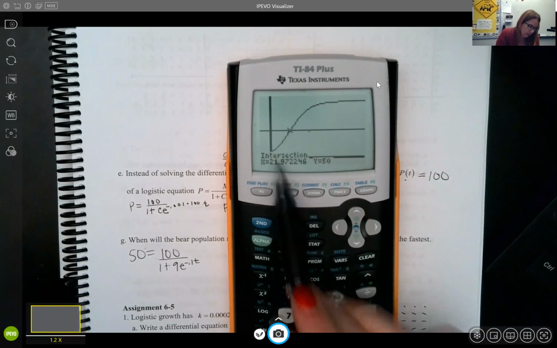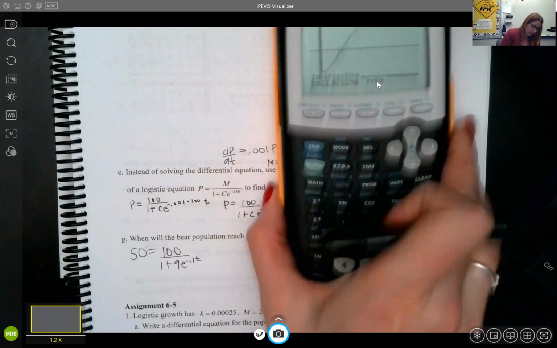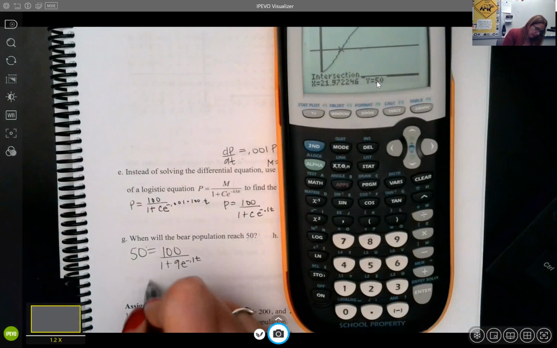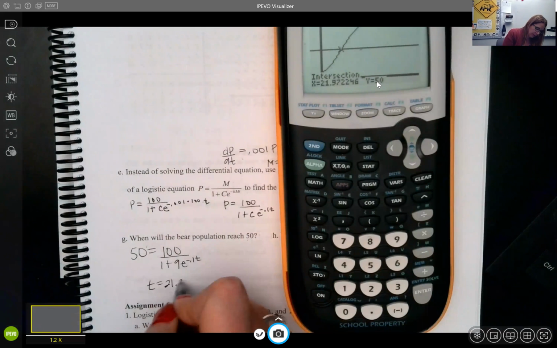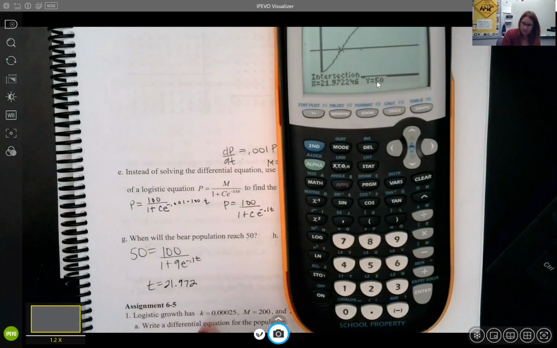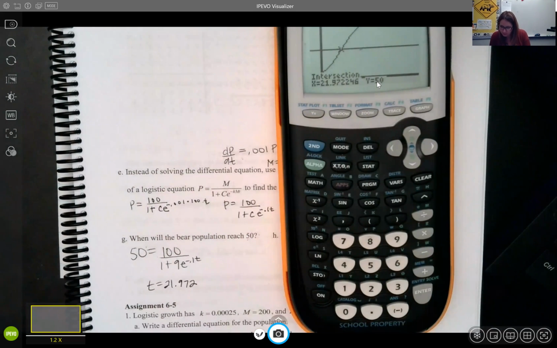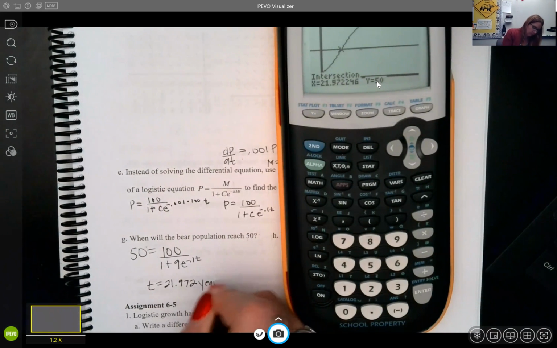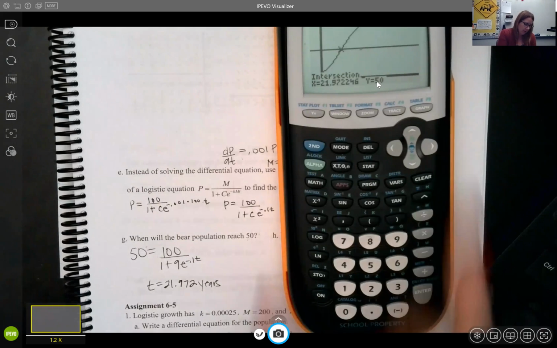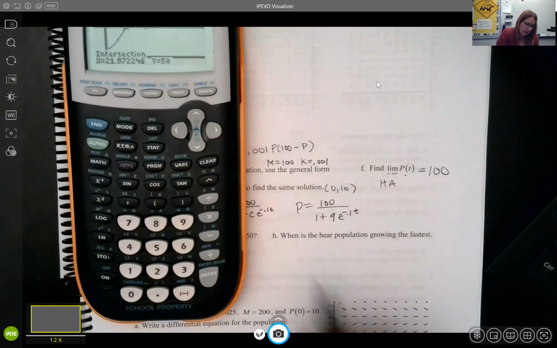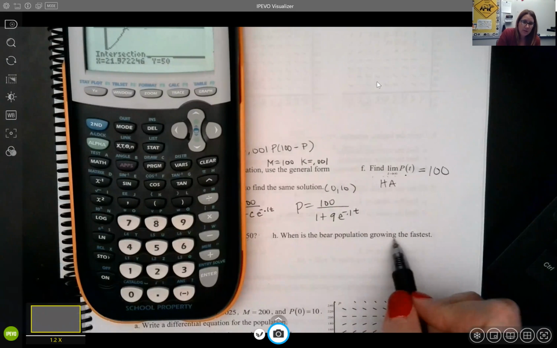And we get 21.972. So t equals 21.972. If we go back to our original problem, this is about grizzly bears and t is in years, right? So 21.972 years.